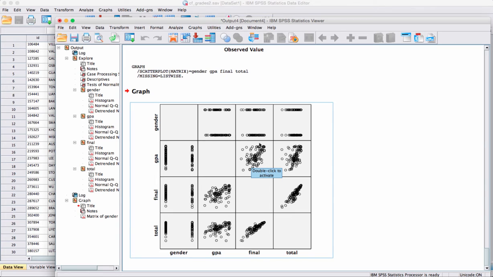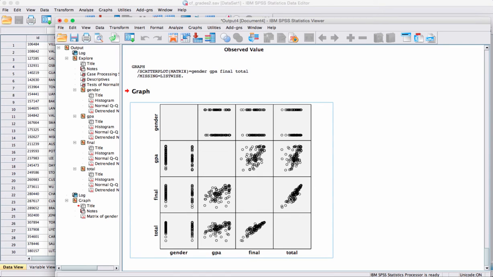Although we have somewhat of a scattered pattern, the preponderance of the data points are in a linear relationship. So in other words, low GPAs go with low final scores. High GPAs are related to high final scores.